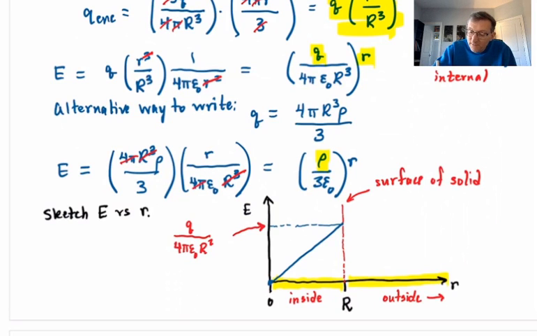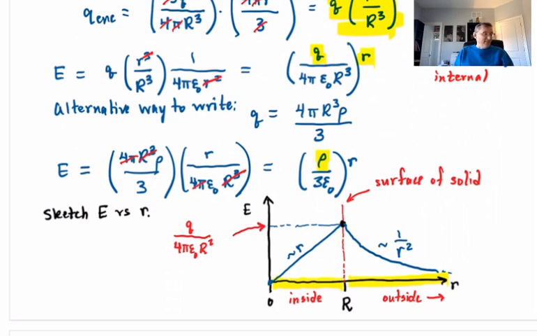Using the outside result, it puts us at the same place where the inside result ended. The outside result just picks up right at that point, and then it goes down on and on, like 1 over r squared. So this part grows like r, and this part diminishes like 1 over r squared.